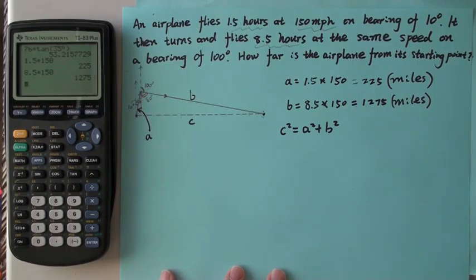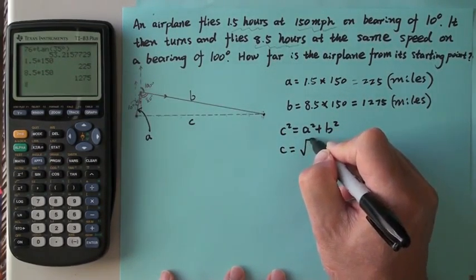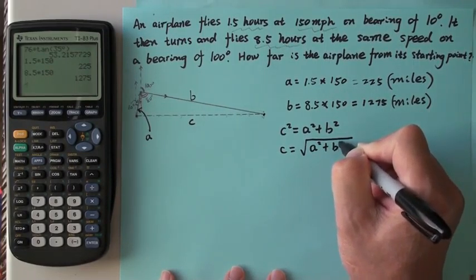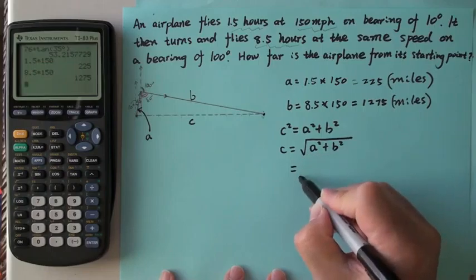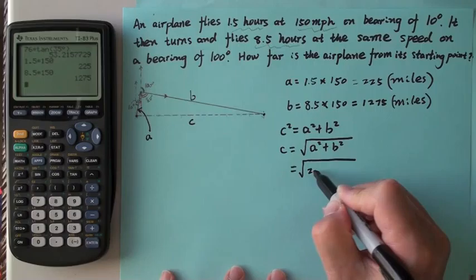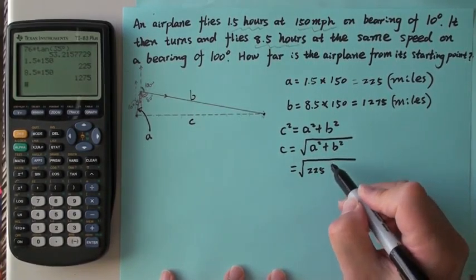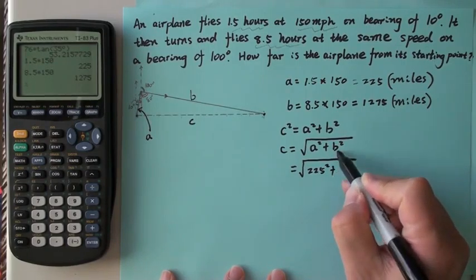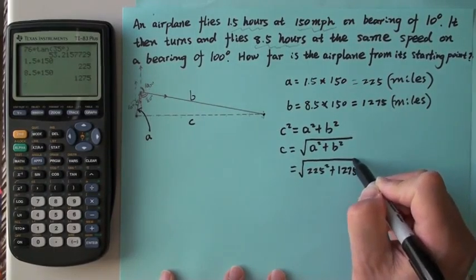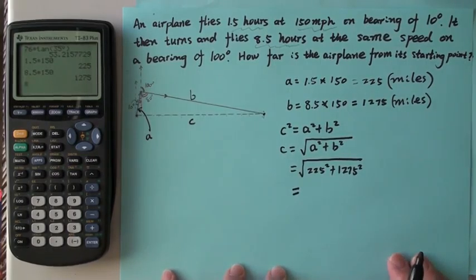So then you will have c is the radical of a squared plus b squared. And what is a? A we have found out: 225, squared, and b is 1275, and then you have to square it. If you take the square root, you will have c.